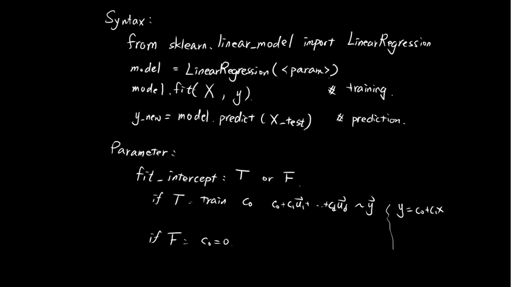And if C0 is equal to 0, then we are only training C1U1 plus up to CDUD, and we wish that to be very close to Y. So in that case, we are trying to train Y is equal to C1x. You can imagine that this is a line that passes through the origin, and somehow the second case is rarely used.